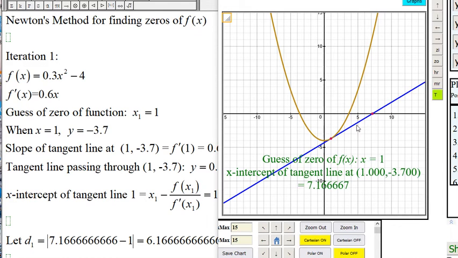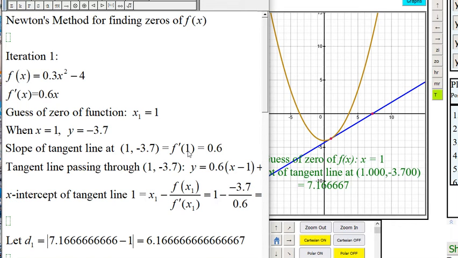And so we get the slope of the tangent line through the derivative of the function. In this case, the line passes through the point 1, negative 3.7. So the slope of this tangent line will be the derivative at 1. Evaluating the derivative at 1, we get 0.6.